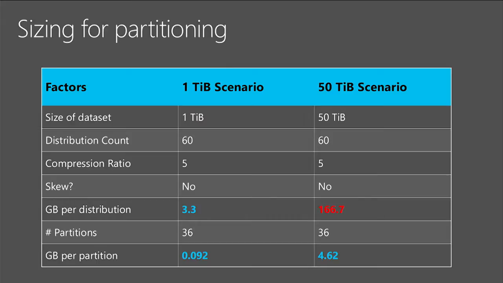But the compression ratio that we might see on that data might be around 5x. So if the data is unskewed, and the data has an even distribution across those nodes, then for the 1 terabyte table, if you divide that by the distribution count, we're going to get to roughly 3.3 gig per distribution.